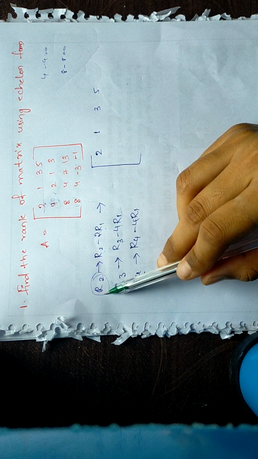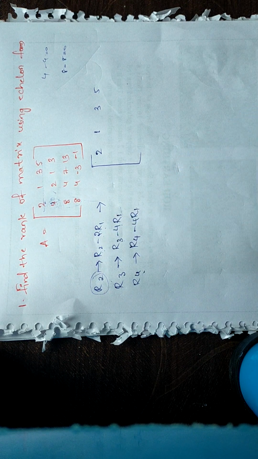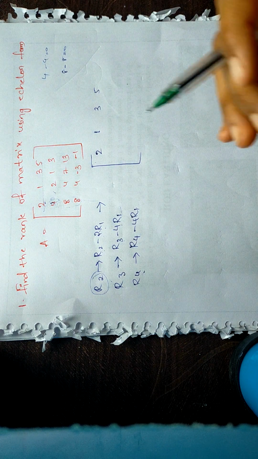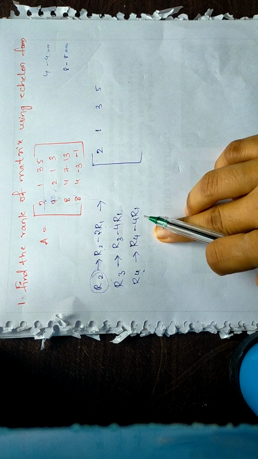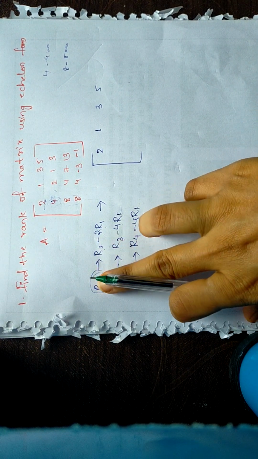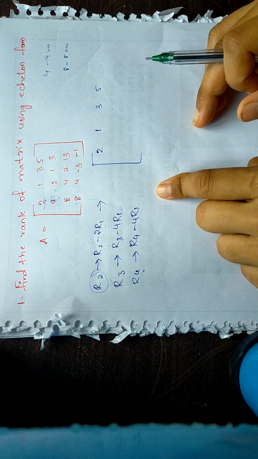Why? Because in this step only R2 is updating. So how can we use the updated value in the same step? We can't use it, right? So that is why always try going sequentially. If I made this a bit confusing here, I'm so sorry about that. You can skip the part where I'm talking about this R2, but generally you have to know this rule.